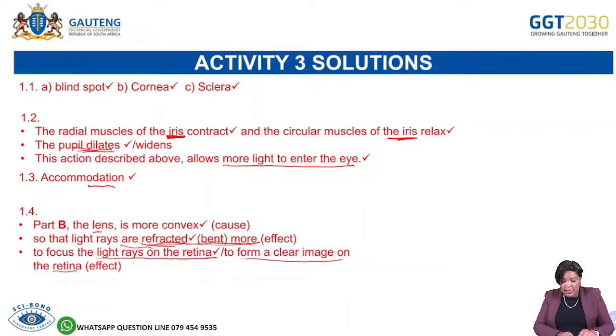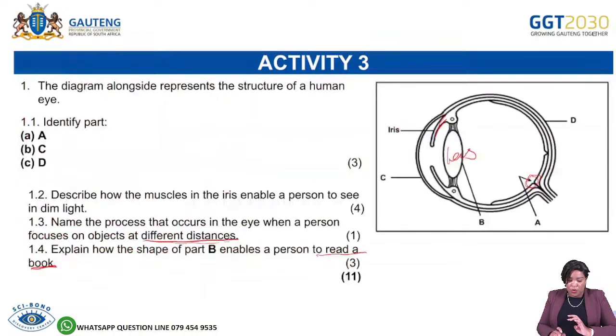If you are able to answer for an object viewed from close or near vision, you must also be able to answer for an object from a far distance. So please make sure that you know those 2 processes and you use the mnemonics that you were given to study them and also to answer the questions to collect 4 marks. It is mostly 4 marks that you can collect from each of those questions. So please use the mnemonics to study if you are not able to follow through.